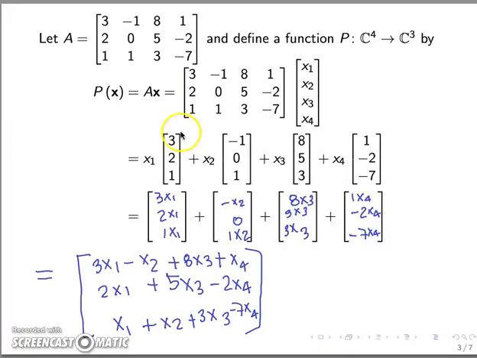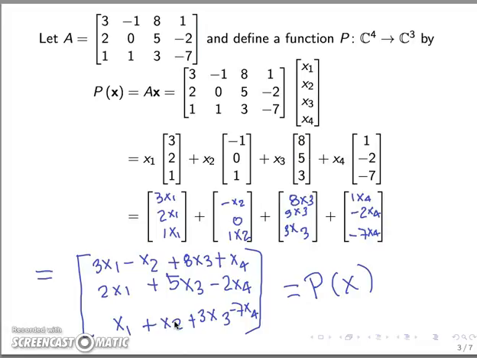So remember, all these steps are the steps defining this operator P of x. An x vector in C4 comes in as an input, and the output is a vector with 3 entries. And you can see how this is no other thing than P of x, by construction. The entries of P of x look exactly like a linear system of equations.